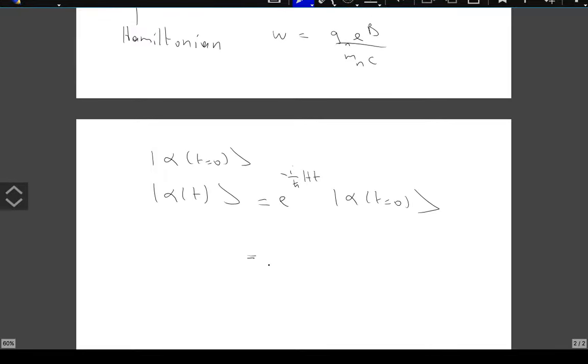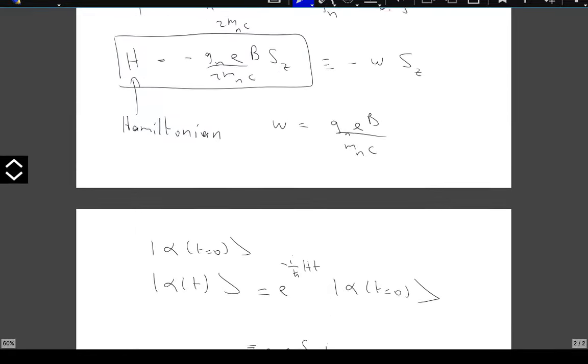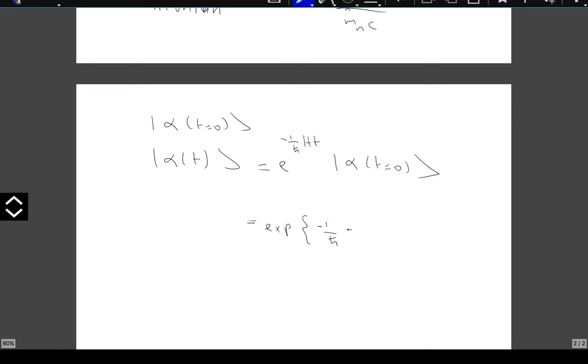This is equal to exponential of minus i over h bar times minus omega Sz t, or exponential of i omega Sz over h bar t.